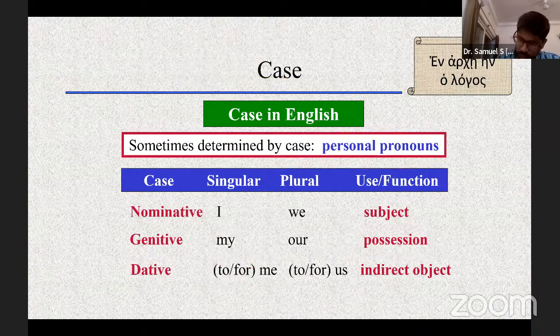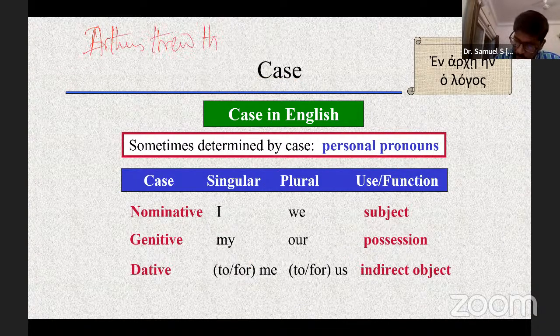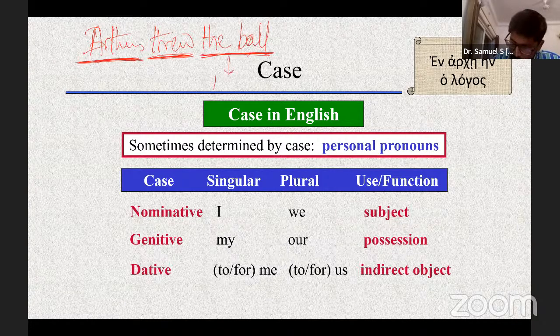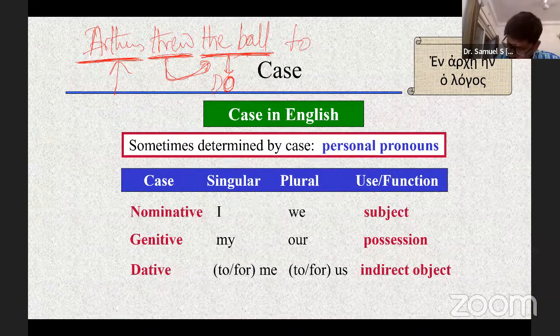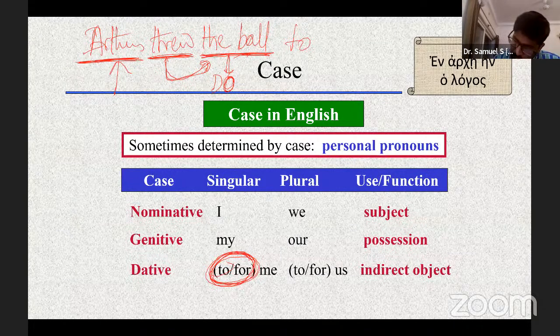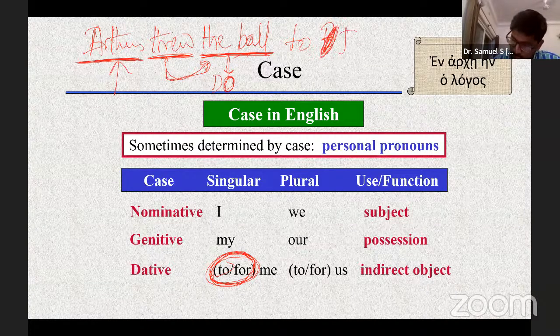What's an example? Let's go back to Arthur threw the ball. This was a simple sentence. Arthur is the subject, threw is the verb, the ball is the direct object which is receiving the action. Arthur threw the ball to some name, John, right?